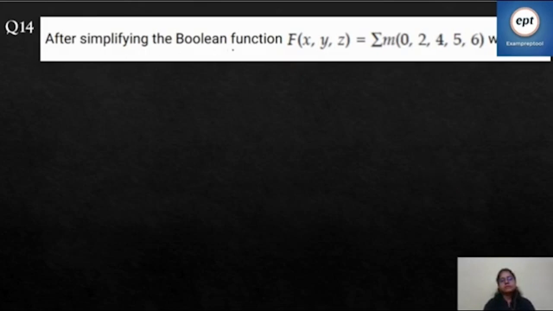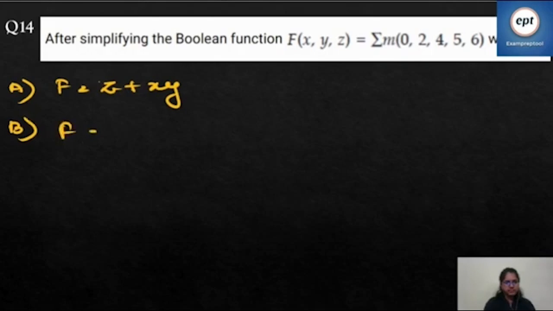After simplifying, the Boolean function f of x, y, z, and the minterms they have given are 0, 2, 4, 5, 6, we get. So let's write the options for this. Option A is f equals z plus xy.